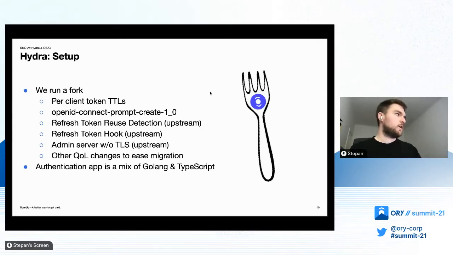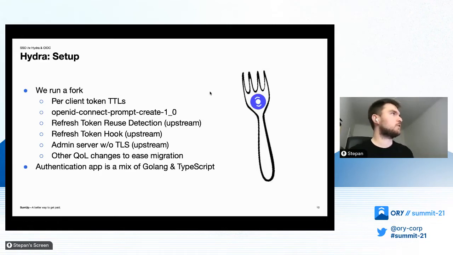We implemented a bunch of things which are actually now in upstream, but initially they were running in our fork. These are features like refresh token reuse detection, where you can detect that a refresh token was used twice. And if it happens, then the whole token chain gets invalidated. We also use the refresh token hook feature in Hydra, and this allows you to basically get fresh claims on every token refresh.